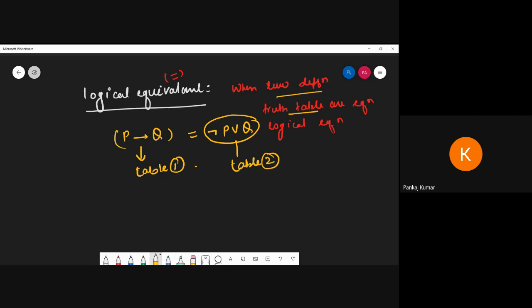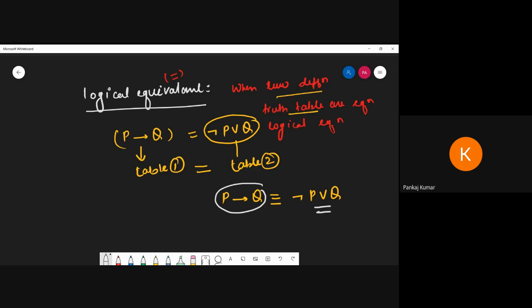Now if table 2 is equal to table 1, then we can say that P implies Q is equivalent to negation of P union Q. The triple sign indicates logical equivalence. So wherever P implies Q appears, we can directly replace it with negation of P union Q. That is the logical equivalence.